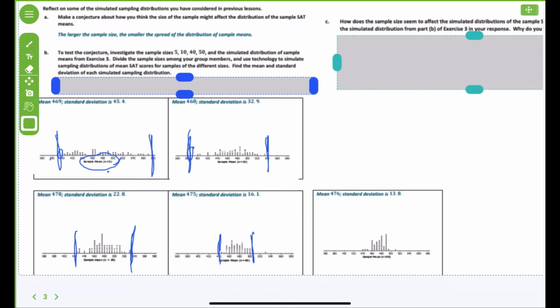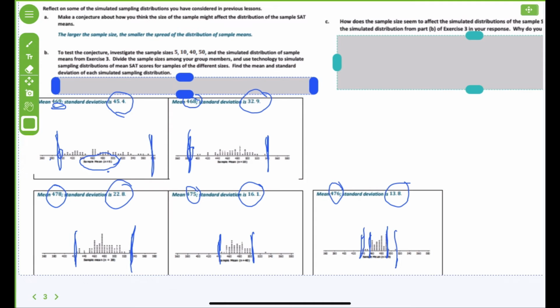Here is a sample size of 40, and then here's a sample size of 50. Okay, although the majority is found here. Okay, so you can tell, and if you just look at the standard deviations that you calculated, they are shrinking. They're getting smaller. They are decreasing. Notice, though, that the means still remain about the same.